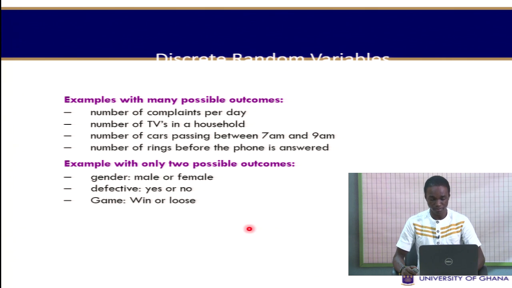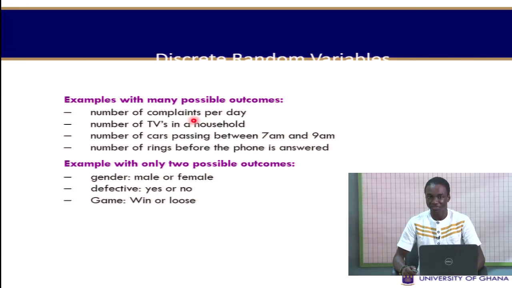One way of distinguishing between a discrete random variable and a continuous random variable is that discrete random variables do not have fractions or decimals, but most of them are whole numbers. For example, you can't say that you recorded 2.5 complaints in a day. Neither can you say that there are 5.5 cars that pass between the hours of 9 a.m.